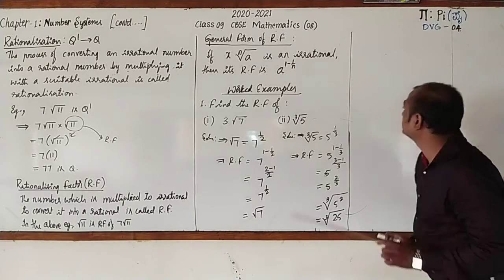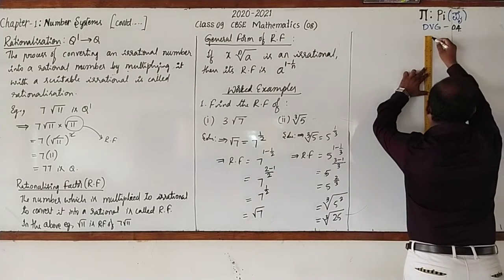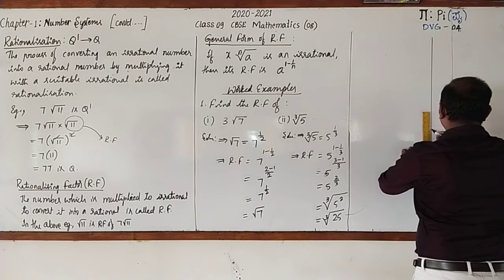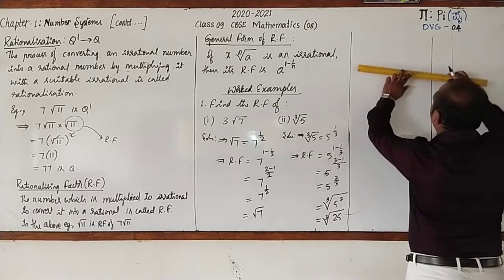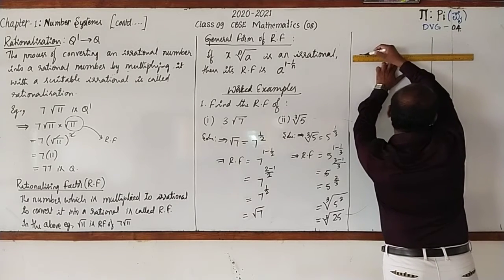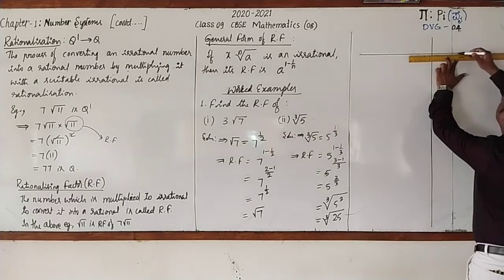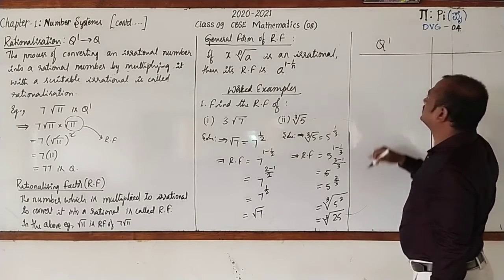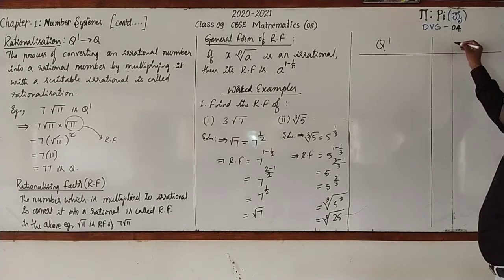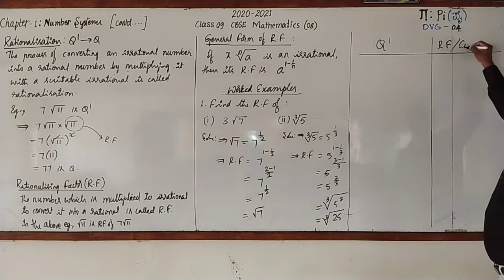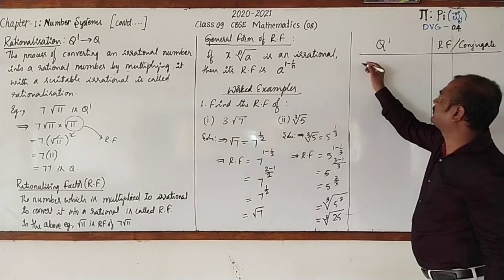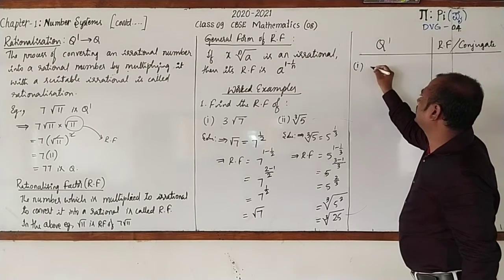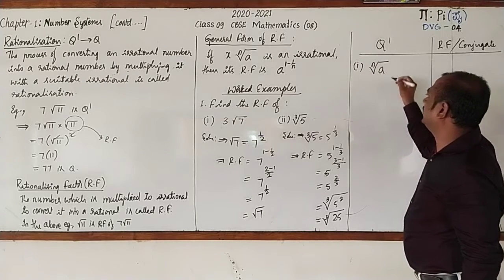Let us go for listing them. What we are going to list? We are going to list out the irrationals with their rationalizing factors. Here I am writing. See that. Here irrationals. Then here rationalizing factor, also called conjugate. First one I take, this is nth root of a.